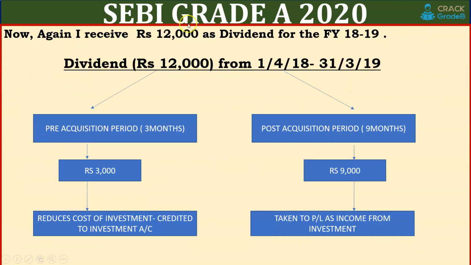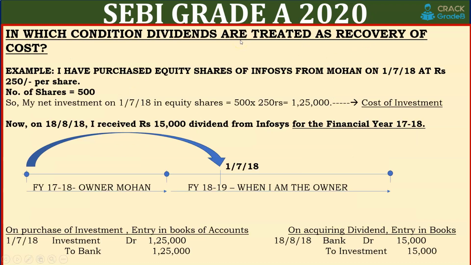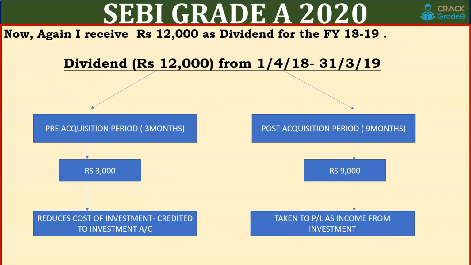Now again I received rupees 12,000 as dividend for financial year 18-19. Again, what is relevant for me? For which year did I receive the dividend? Now in 17-18, I wasn't the owner, but in financial year 18-19, I am the owner of this investment, and I am now receiving the dividend for financial year 18-19, right? This is the dividend we have the right to, but for how much period?